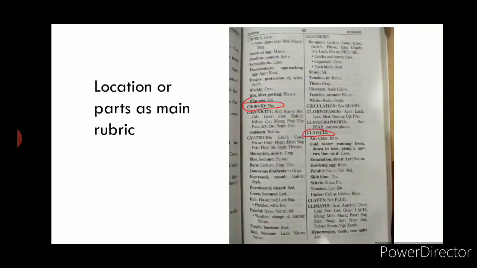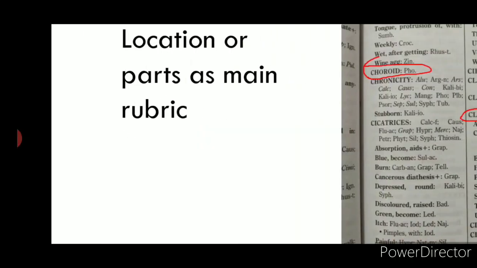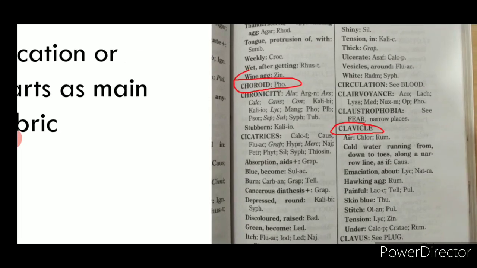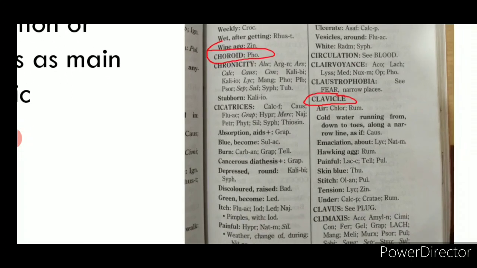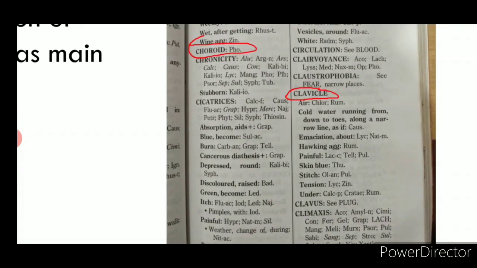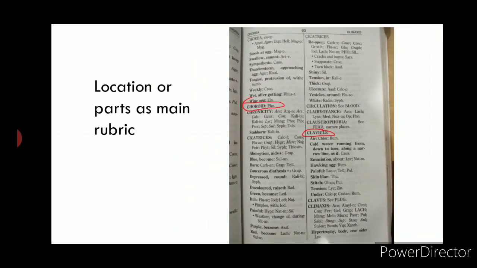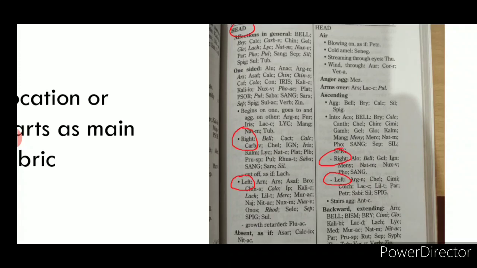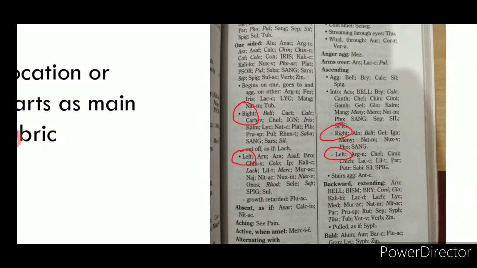Also, the important parts or locations are given as main rubrics in alphabetical order. In this photograph you can see the location of choroid, location of clavicle, and the sub-rubrics of clavicles. Here you can see the main rubric head, which is given as right, left.